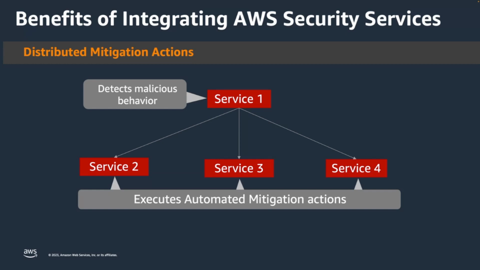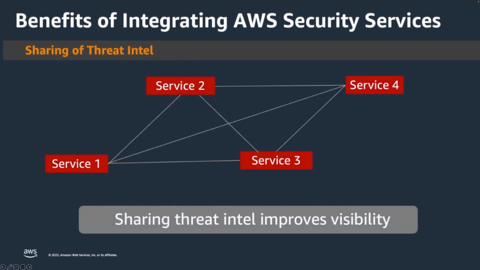In this second benefit that we have in the next slide, this deals with the sharing of threat intel. So when you consider the more sophisticated multi-vector threats, you can look closely at the kill chain to discover that there are discrete phases in the attack.